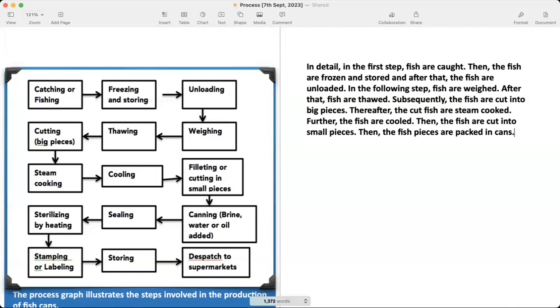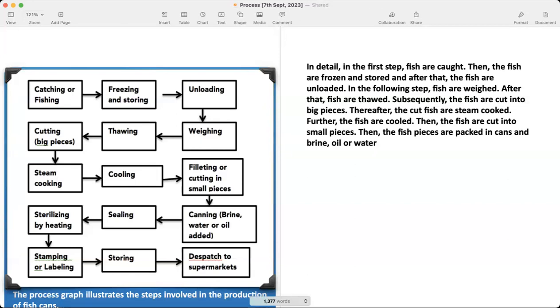Next. This is not over yet. There's something else happening. What's happening? Brine, water, or oil. Brine or water. What is happening? It is added, or are added? It will be is. Is.